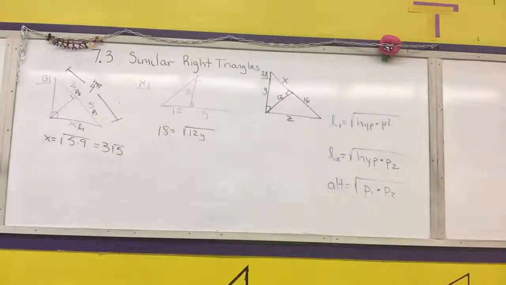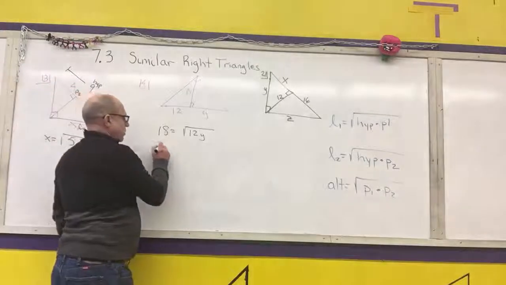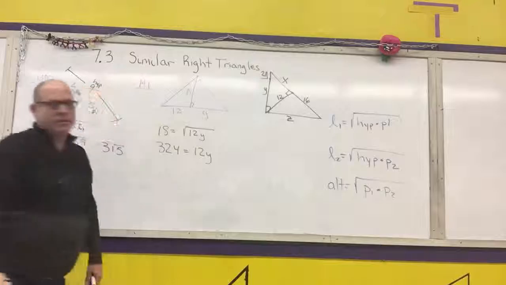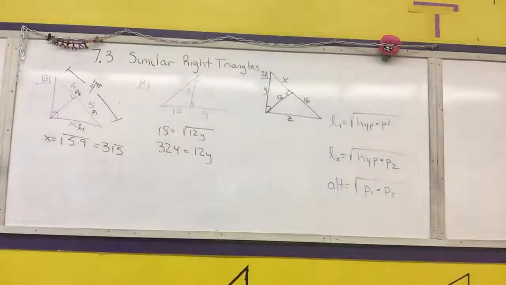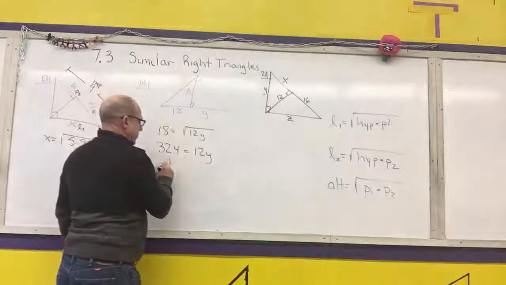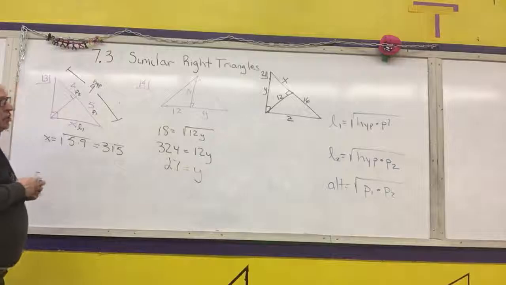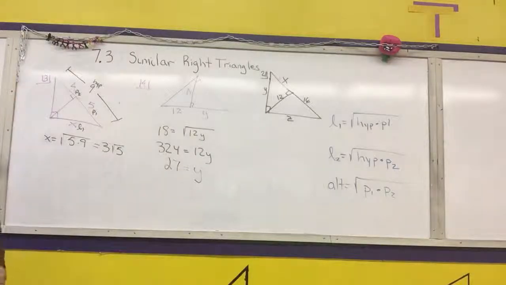And 18 squared is 324. And that's equal to 12y. Divide both sides by 12. And I get 27 is equal to y. So those are straightforward problems.